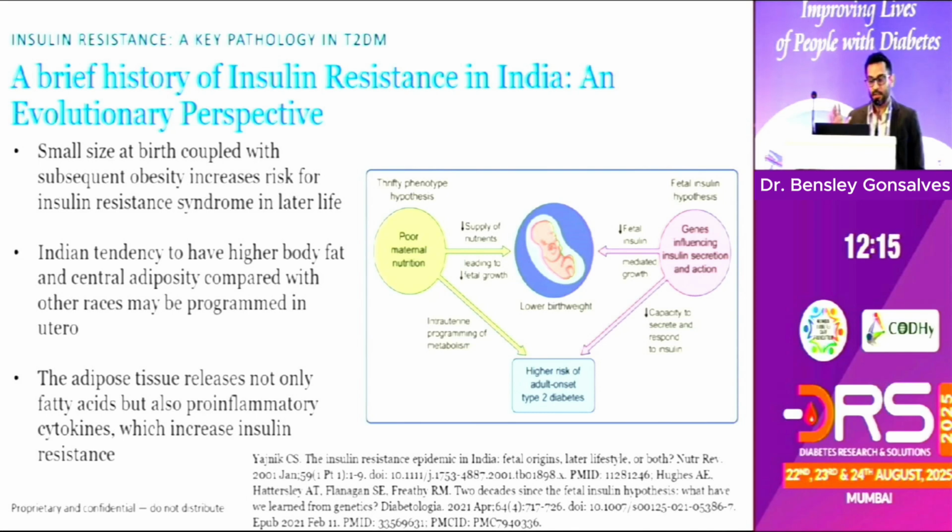Insulin resistance in the Indian population came up as a theory when Dr. Yajnik published this data. Dr. Yajnik has very interesting data about the thrifty gene concept. What is the thrifty gene?